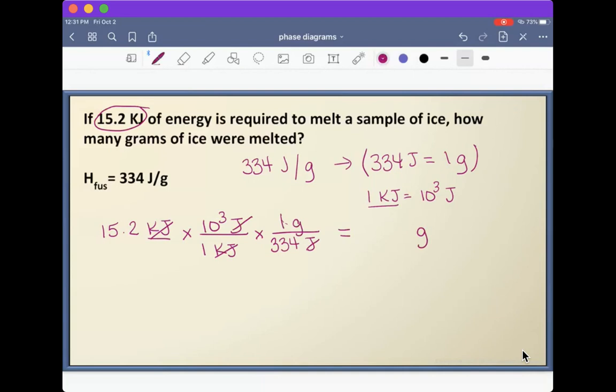So I can plug this in so I can simplify the numbers. So basically I'm going to have 15.2 times 10 to the 3 divided by 334. So plug it in the calculator.